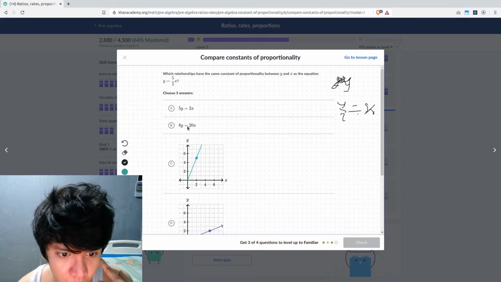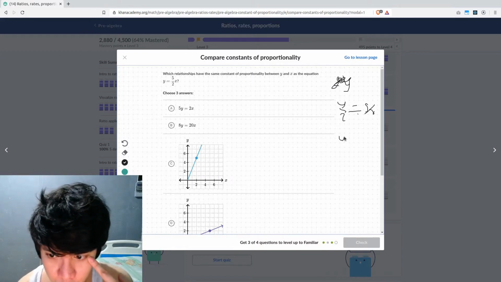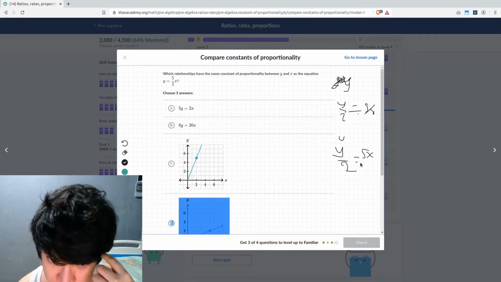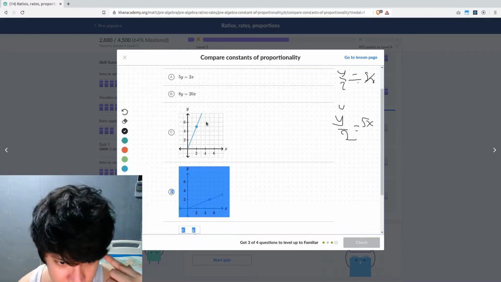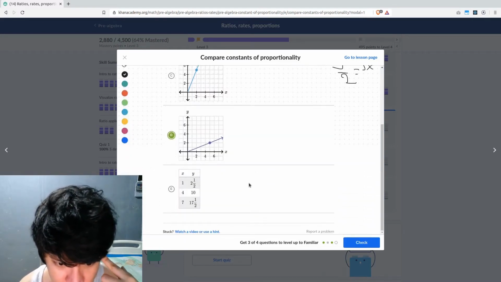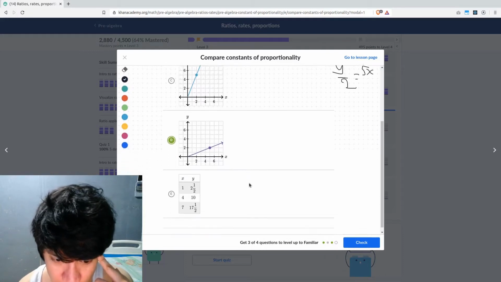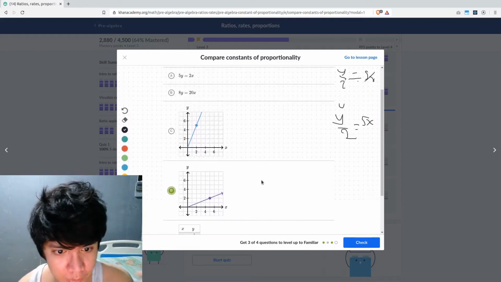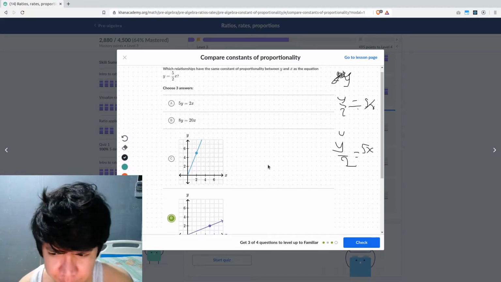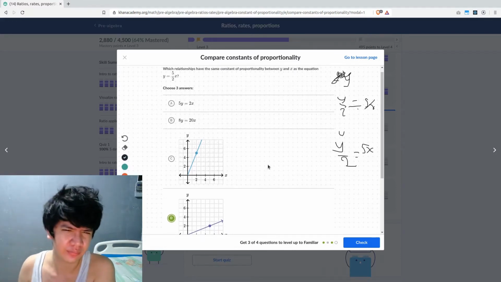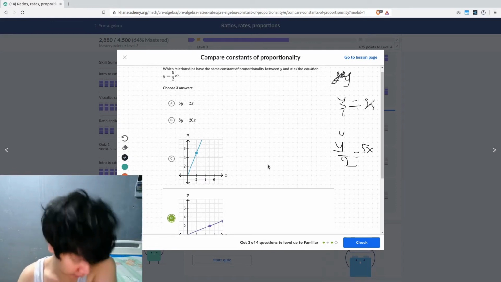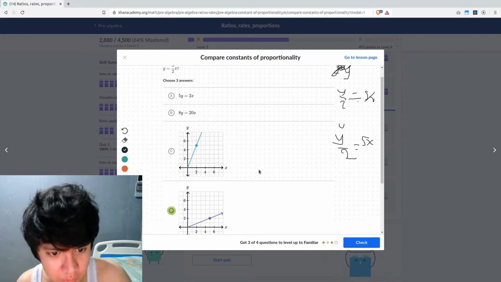We could do y over 2 equals 5x. Would there be something like that in here? No, not really. We don't have any of that. No, this is hard.